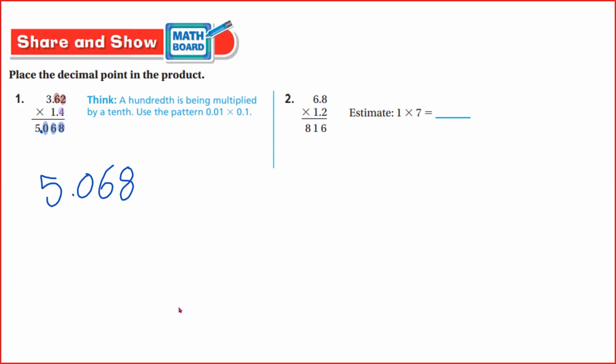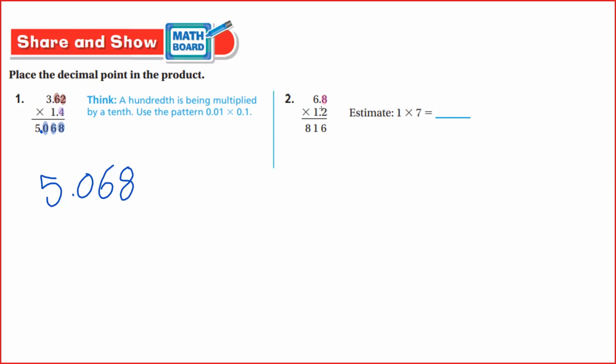Okay, now next I want Isra Haneen. Yes, Haneen. Number 2 now. How many digits after the decimal point here? 1.